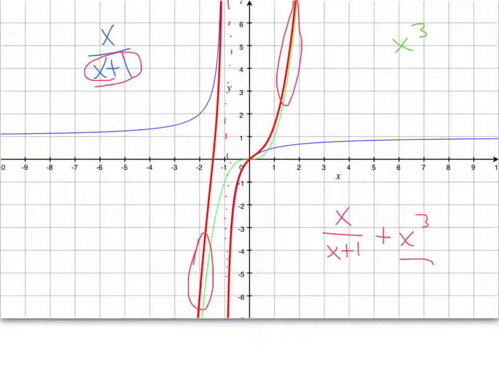So we're going to have the x cubed behavior dominating where it gets arbitrarily large, and the x over x plus 1 is going to dominate in the areas where it gets arbitrarily large. There and there.